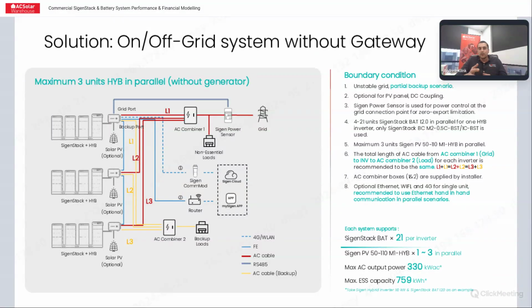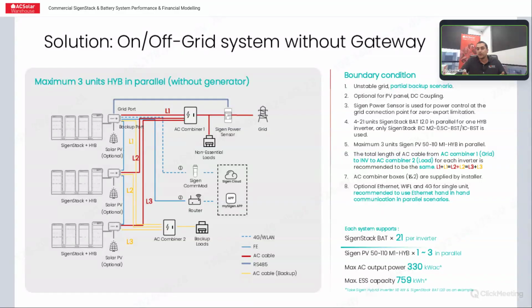So this is an example using the HYB inverters, which can give you your backup power. You can install a maximum of 3 of these in parallel for a backup system. The inverters have a grid port and a backup port. I think we also had a question a little bit earlier on in the chat about a 100 kVA system and whether there's a gateway coming for this.